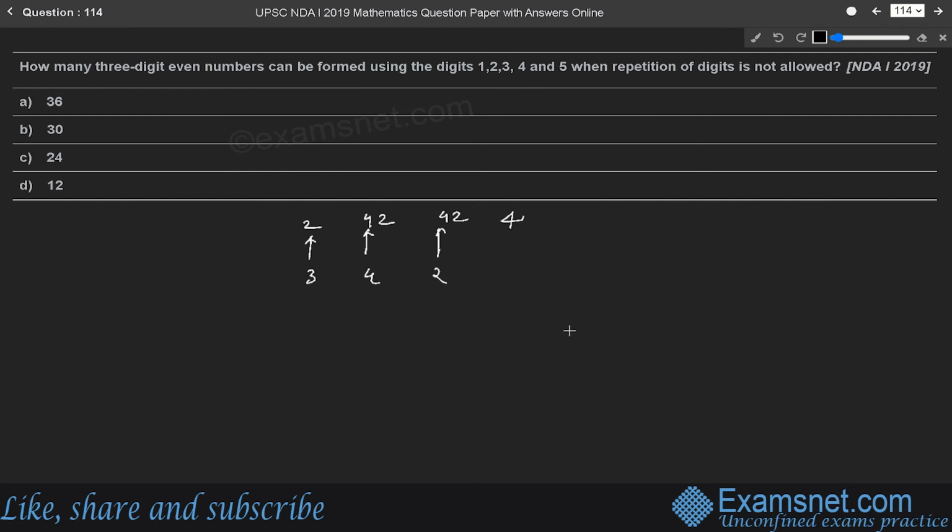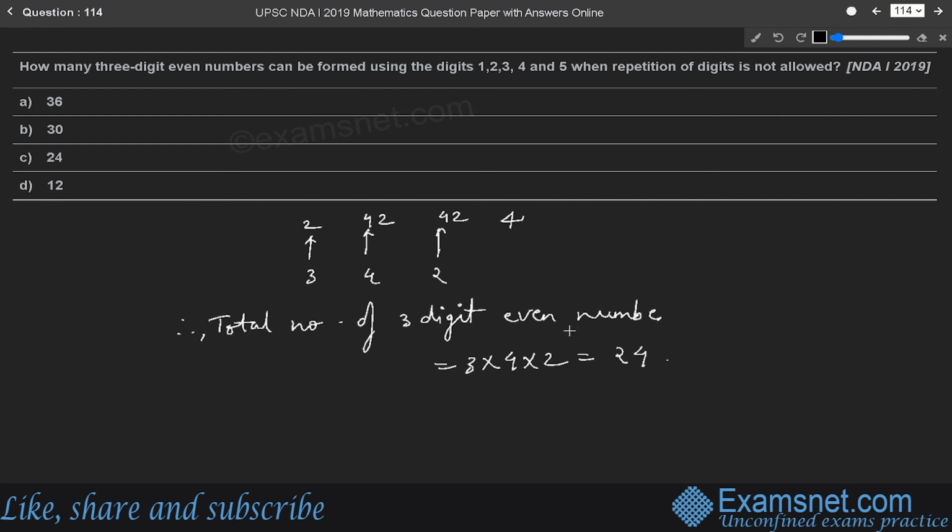Because the question says that repetition of digits is not allowed. Therefore, the total number of 3-digit even numbers here will be 3 into 4 into 2, which is 24. So this is the required answer for this question. It was a very basic question. So the correct option here is option number C.